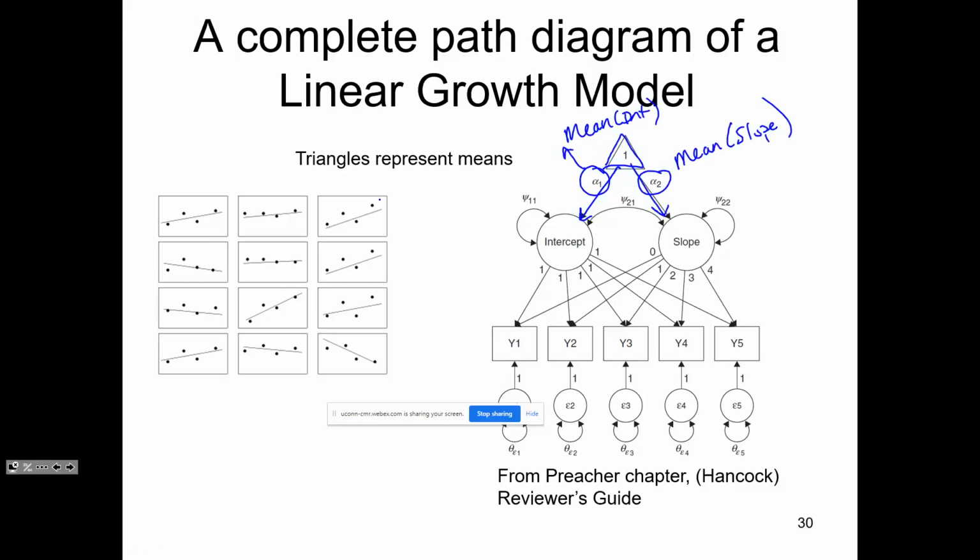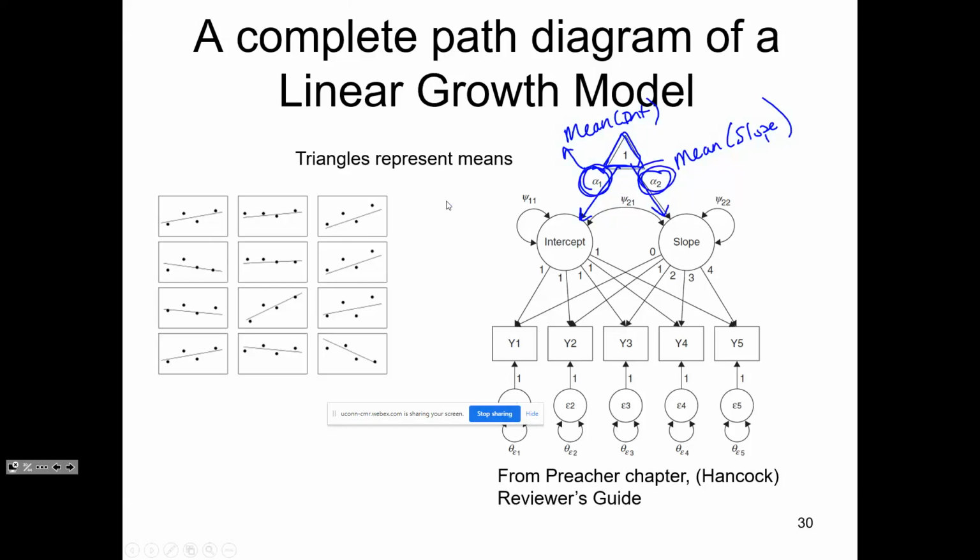And if I actually were going to estimate an intercept down here, then I would draw a path from this little triangle to it, but I'm not doing that. But that's what this means. It just tells you where you're actually estimating means and intercepts. So that's all that triangle means, and it's a way to designate the parameters that you're estimating. I wanted to make sure to explain that to you so it doesn't throw you for a loop.